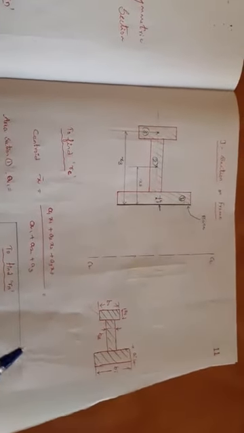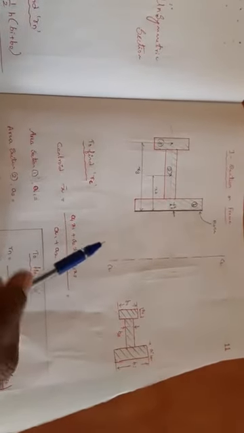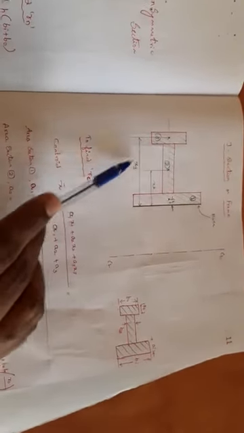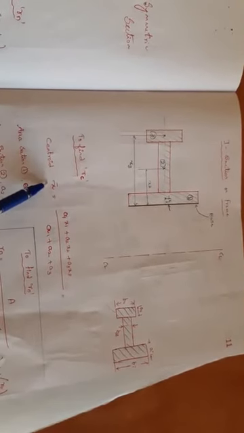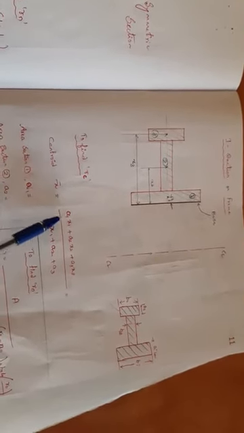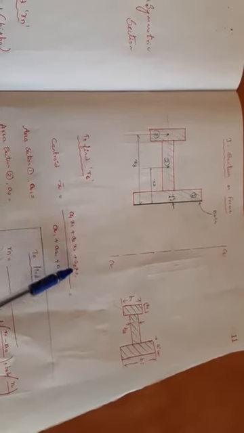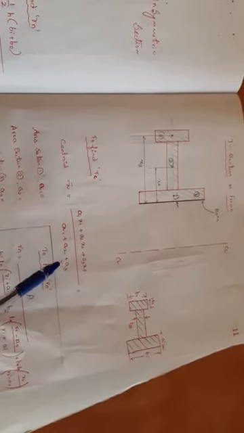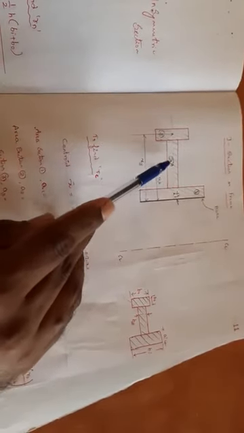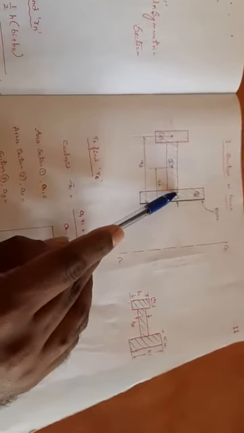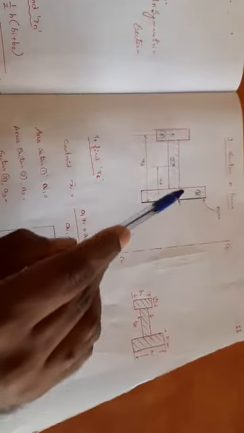Now for the I section, how to calculate RC? So this is the I section. To find RC, we use the centroid formula x bar equals a1 x1 plus a2 x2 plus a3 x3 upon a1 plus a2 plus a3. Here a1, a2 and a3 are the areas of section 1, section 2 and section 3, each length into breadth.